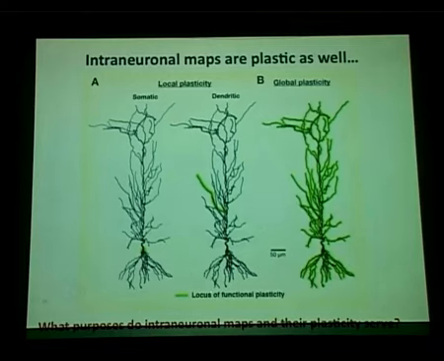The second part, where we talked about plasticity in response to the statistics, the question that you first would ask is whether these intraneuronal maps are going to be plastic as well. The answer is yes. They can undergo selective plasticity only at the cell body, selective plasticity at one specific branch, and they can also undergo global plasticity which spans across the somatodendritic gradient.